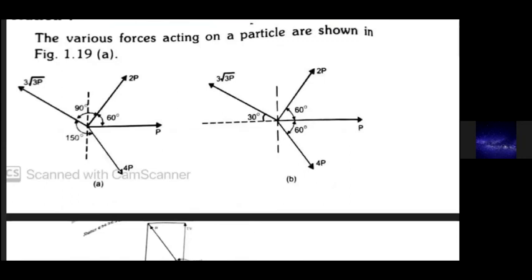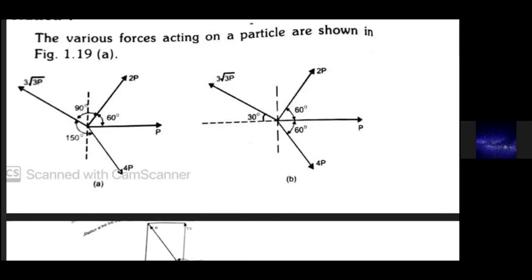The second force 2P has horizontal component 2P cos 60 and vertical component 2P sin 60. The third force 3 root 3P has horizontal component 3 root 3P cos 30 and vertical component 3 root 3P sin 30.